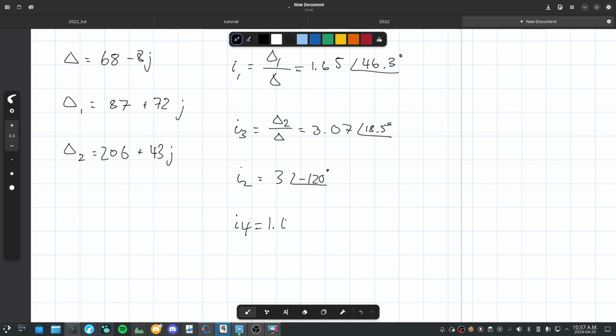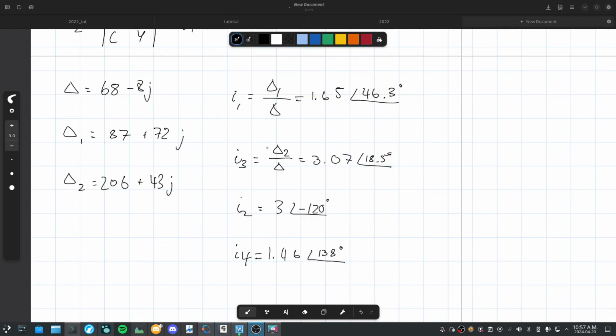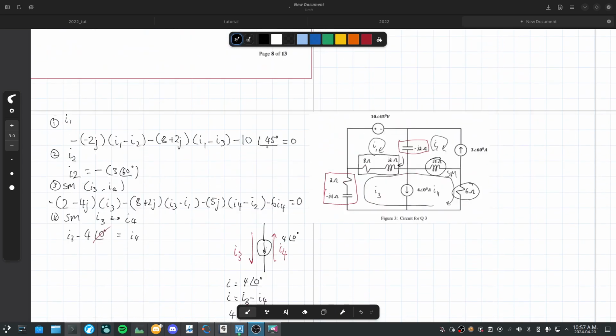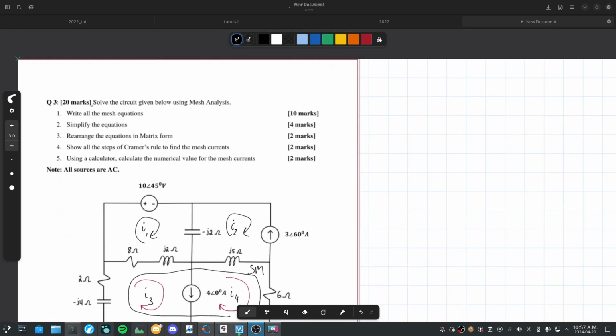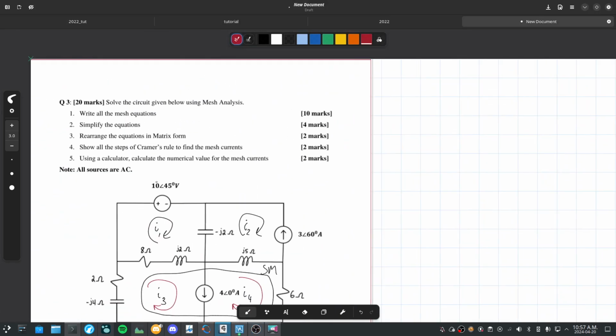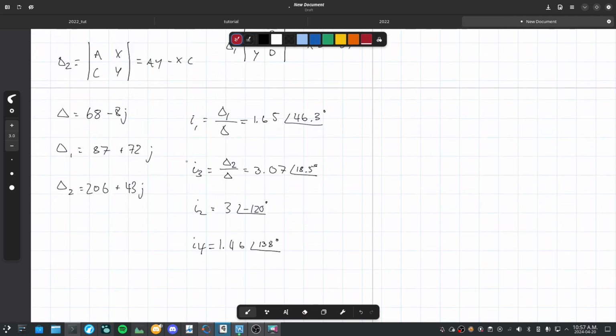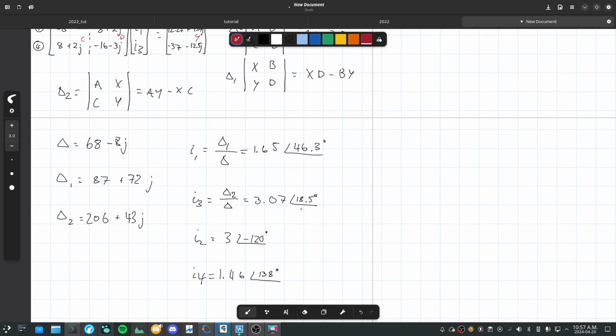That is 1.46 with a phasor angle of 138 degrees. And that is our currents. We just did basically the entire question. Those are our 4 currents: I1, I3, I2, and I4.